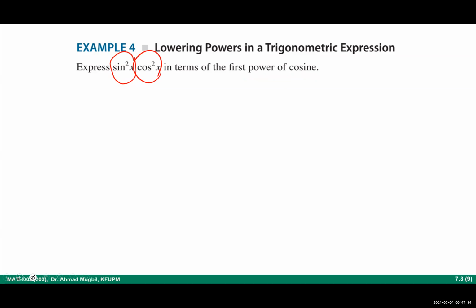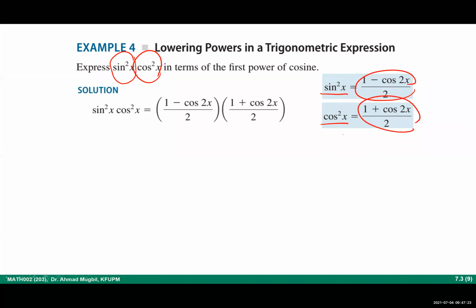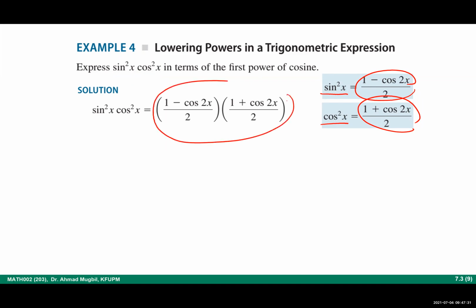Let's see that together. I think you know what sine squared is and what cosine squared is, so it is natural to think about this. Instead of sine squared, you will put this. Instead of cosine squared, you will put this. Here we are. Now, is this in terms of the first power of cosine? For this part, yes, it is cosine, but it is not of the first power. Why?